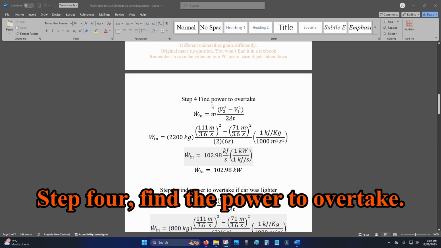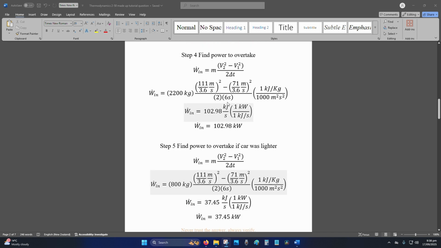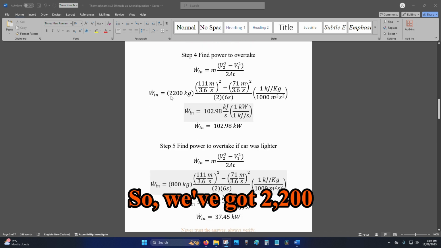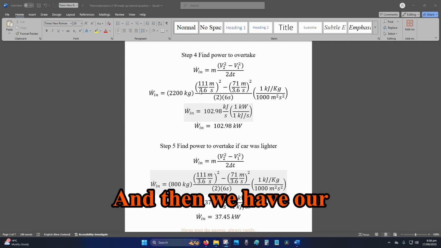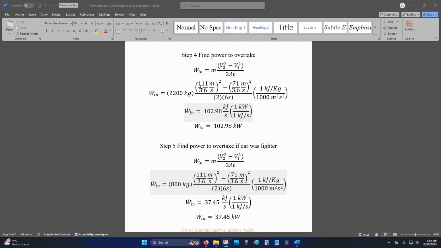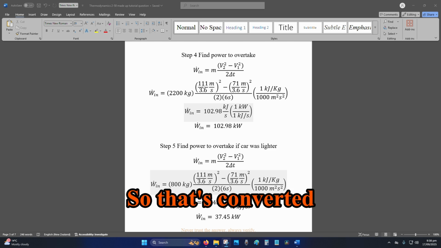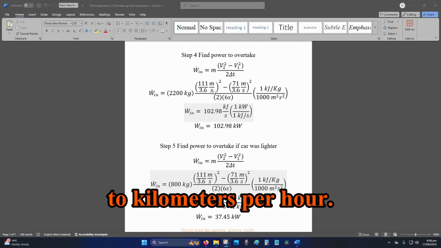Step 4, find the power to overtake. So we've got 2,200 kilograms, that's our mass. And then we have our change in velocities. So that's converted from kilometers per hour.